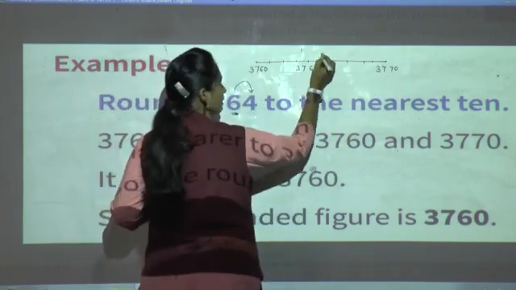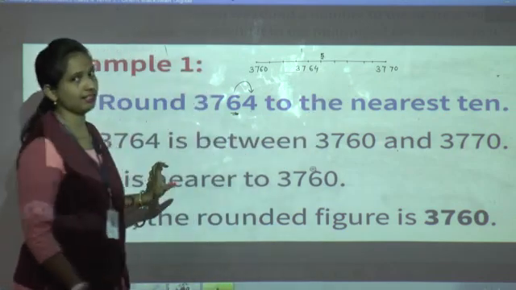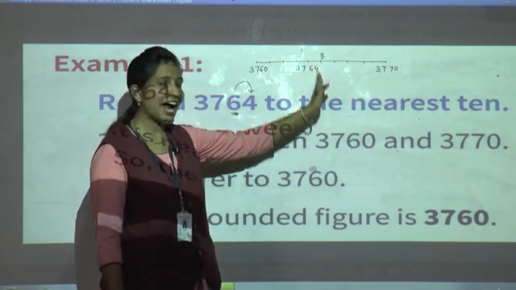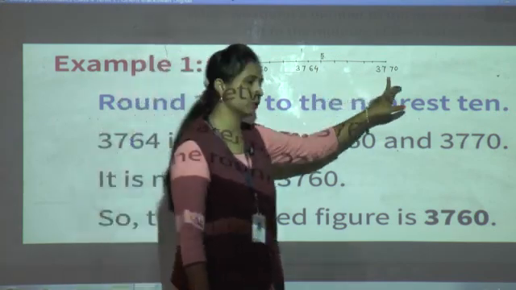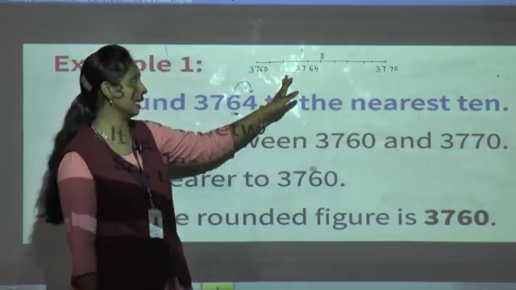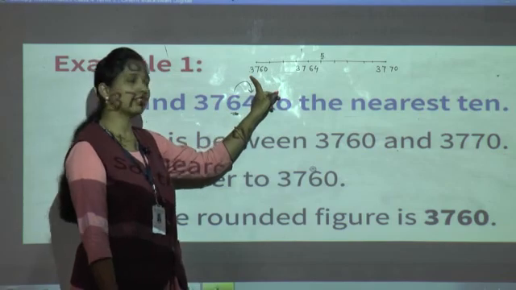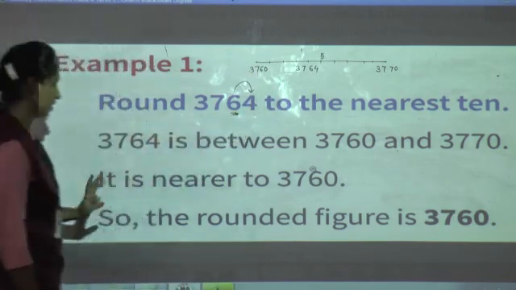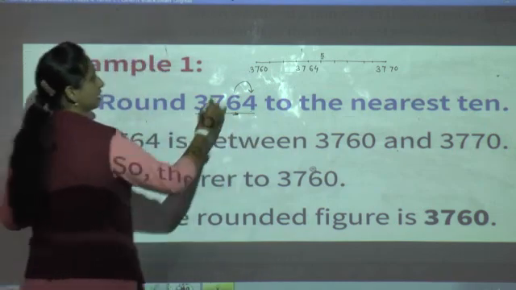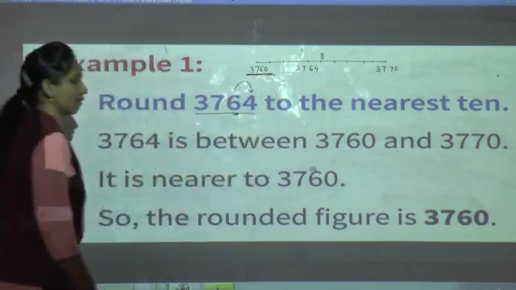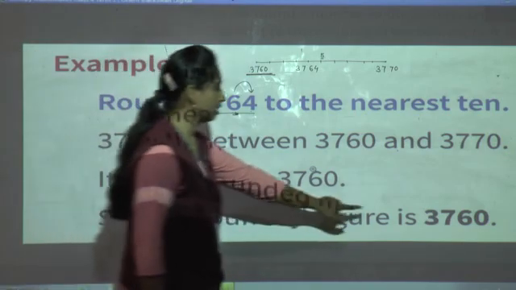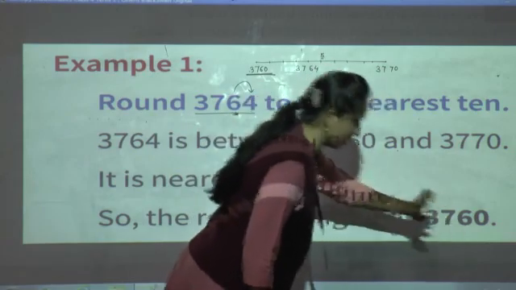The midway is 3765. Do you remember, if 5 or more than 5 is there, it goes to the next number, and if below 5, it lies near 3760. So 3764 is near to 3760. So the rounded figure is 3760.